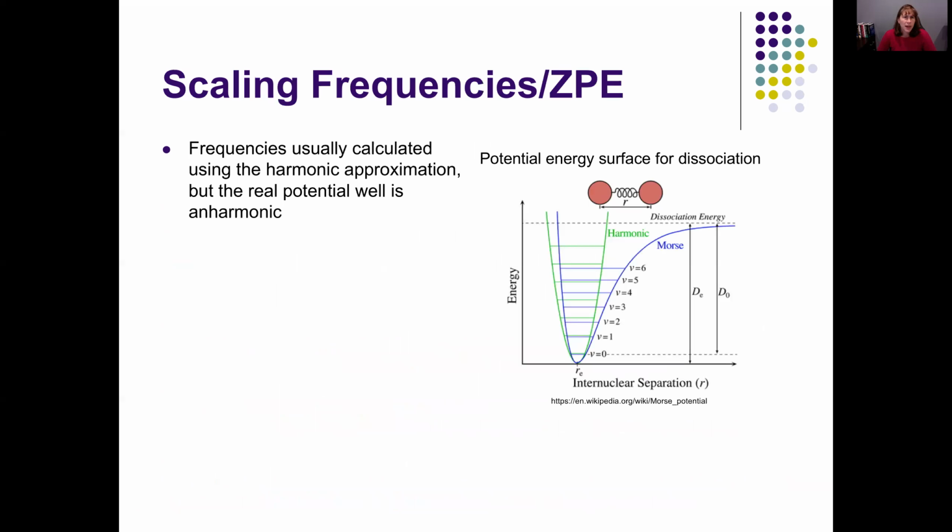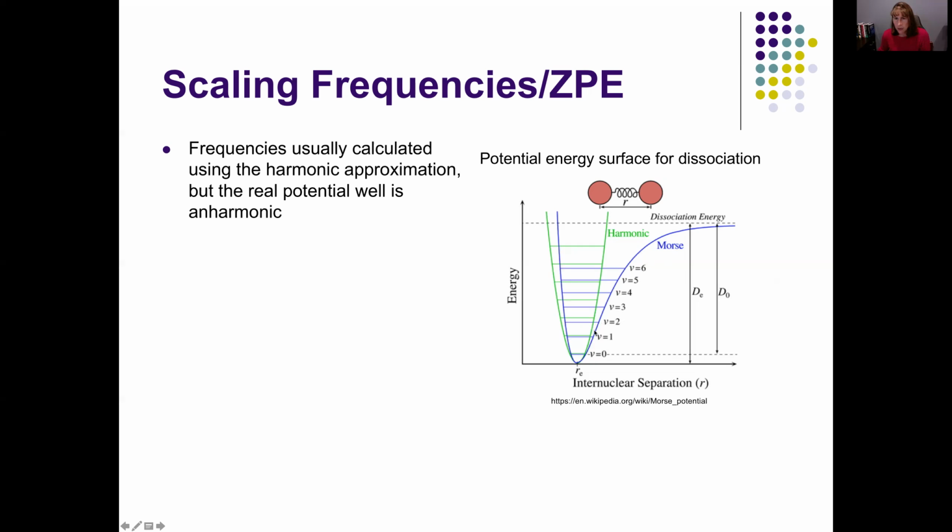Okay, so now let's talk a little bit about scaling frequencies and why we would want to do that. Well, normally when we calculate our frequencies, we're using a harmonic approximation. So we use the second derivative of our energy to calculate our force constants and our frequencies from that. But the thing is, the real potential well, such as the one shown here for a diatomic, is actually anharmonic.